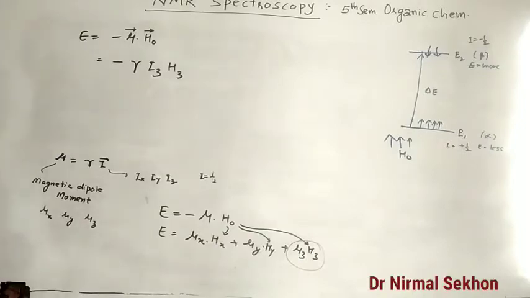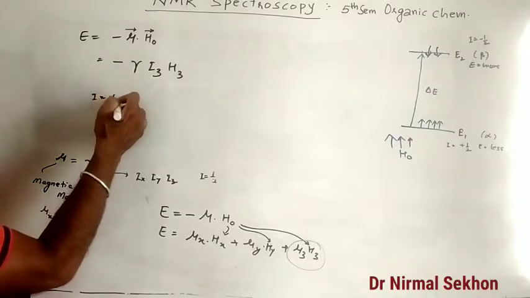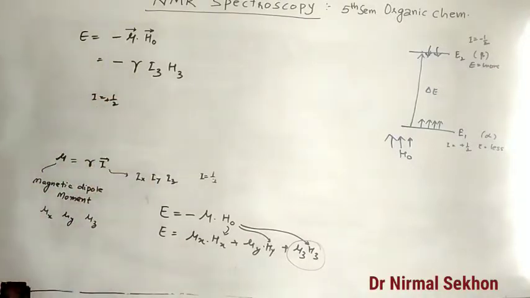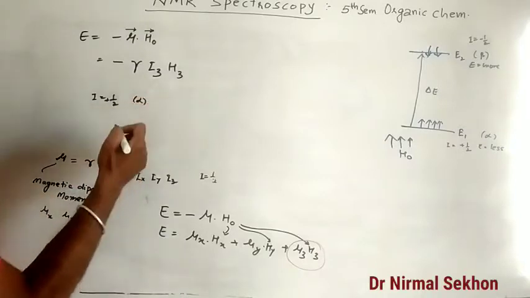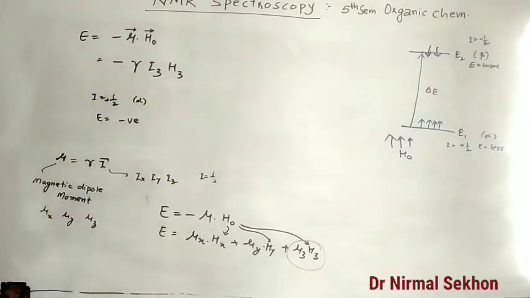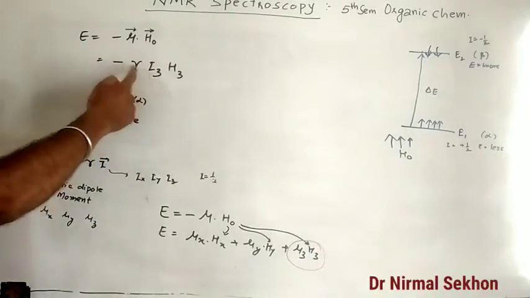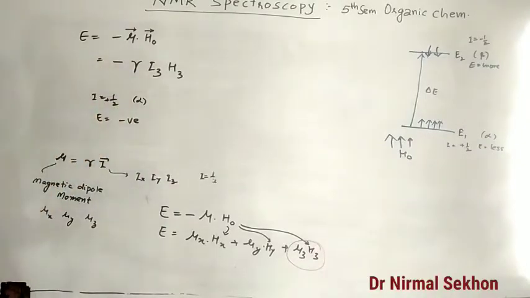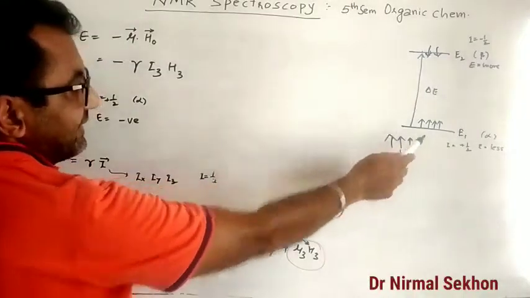Now we can understand from this that if I is plus half, that is for alpha, then the energy will be negative. When you put plus half here, the energy will be negative, and negative means the energy is less, as we can see here.